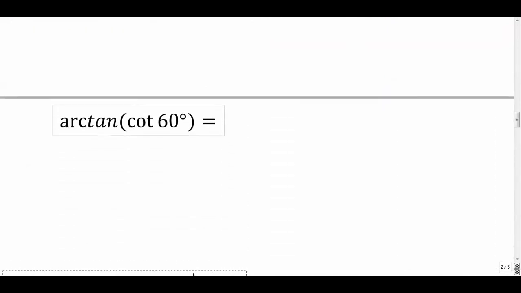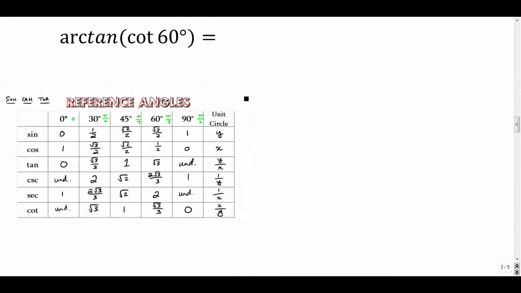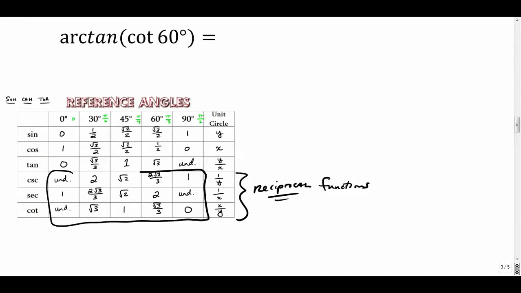Next one, if we work from the inside out, this time I have a cotangent. Cotangent is 1 over tangent. Depending on what class you're in and what your teacher has you doing, you might not even need these 3 rows in your special angle chart, but these are your reciprocal functions. The way I'm getting all of these values is I'm basically flipping over the values that correspond with them.